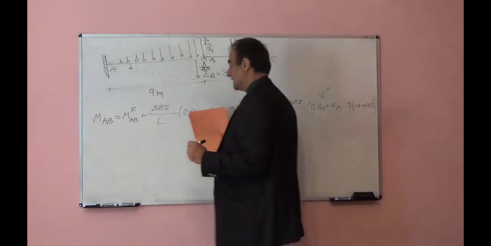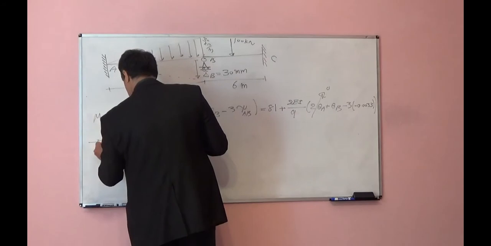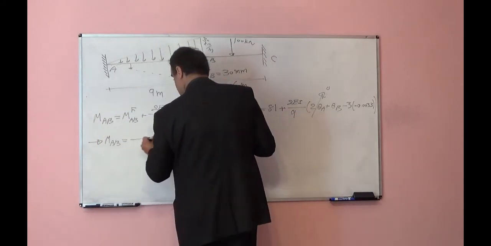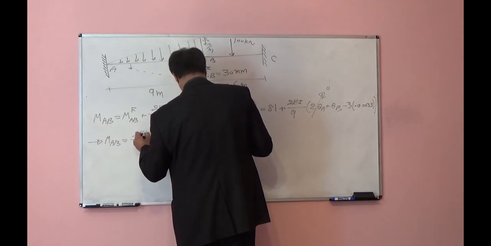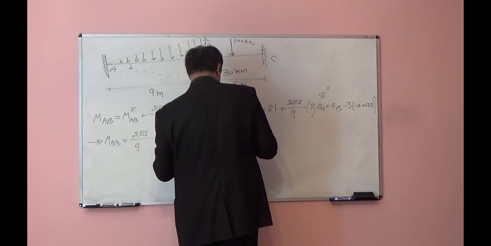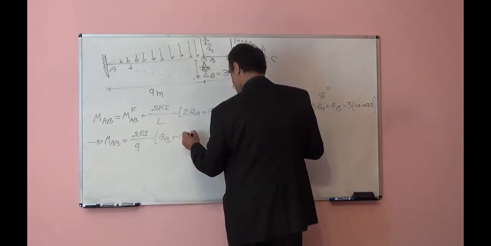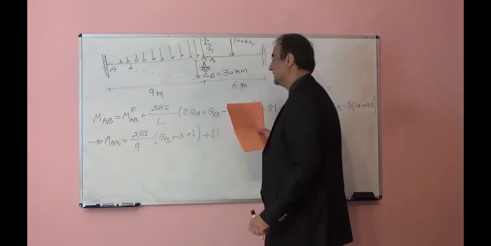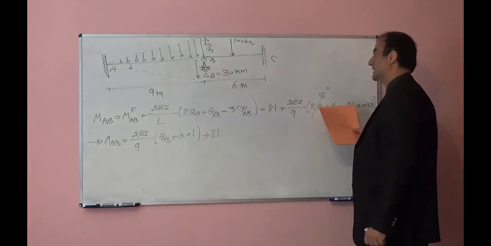From there I can write M AB is equal to 2EI over 9 theta B plus 0.01 plus 81.